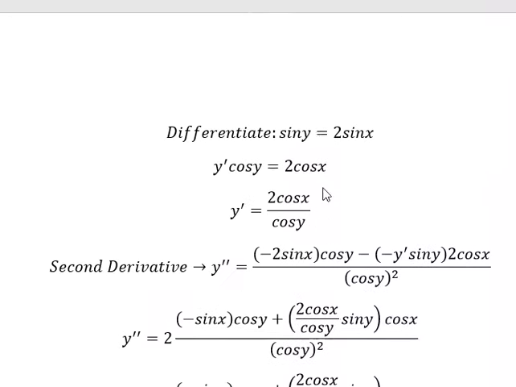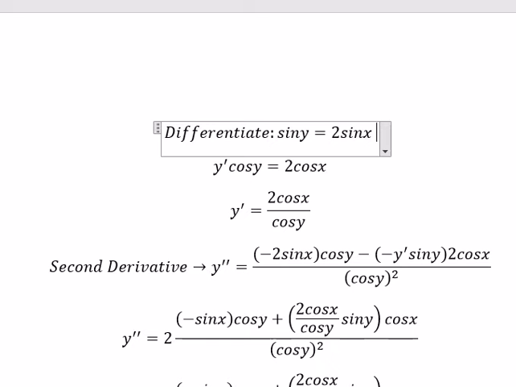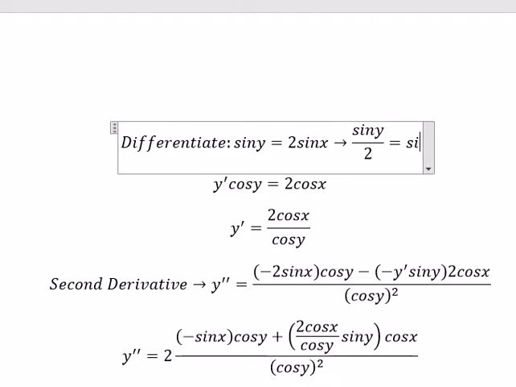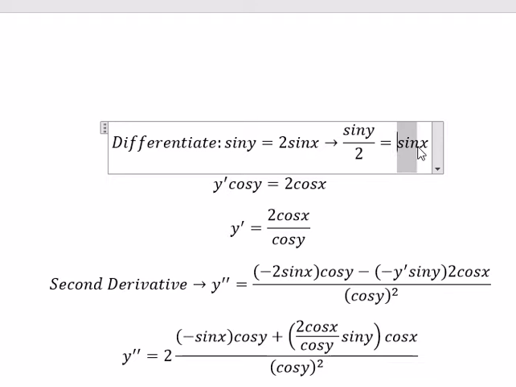Now let's go to the first one. We see that sine y equals 2 sine x. We divide both sides by the number 2. So we change sine x into sine y over 2.